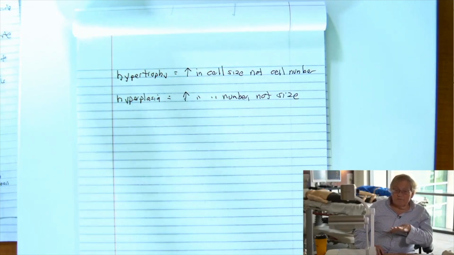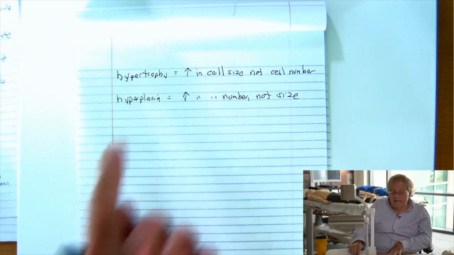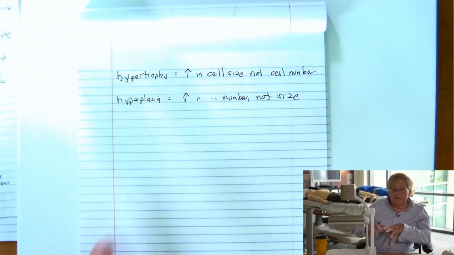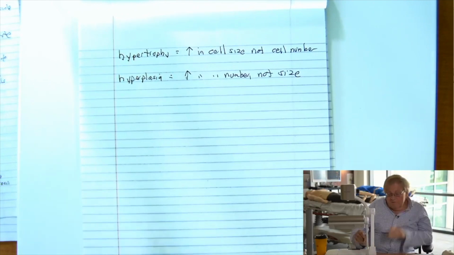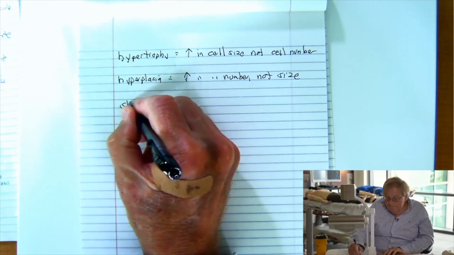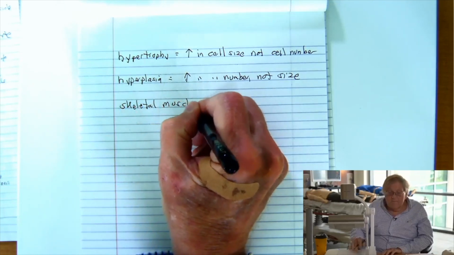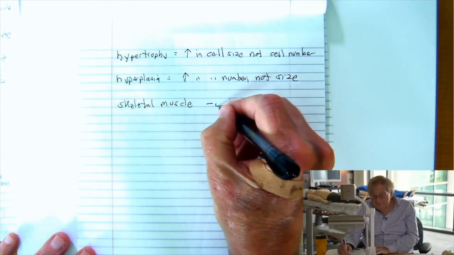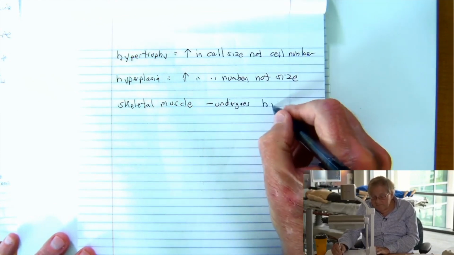So if I've got uncontrolled cell division, cancer is a hyperplastic pathology versus hypertrophy, which is just an enlargement of it. If I were to go to the gym every day, I'll give you a very simple example. If I was looking at skeletal muscle, which the gastrocnemius is a great example, skeletal muscle normally undergoes hypertrophy.